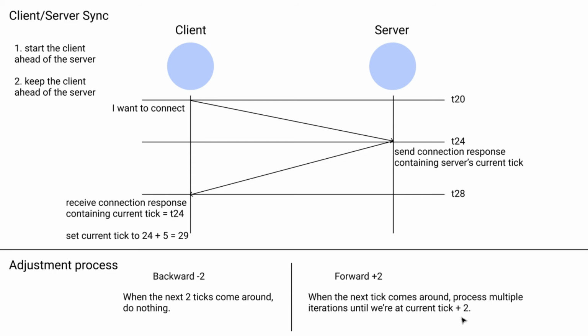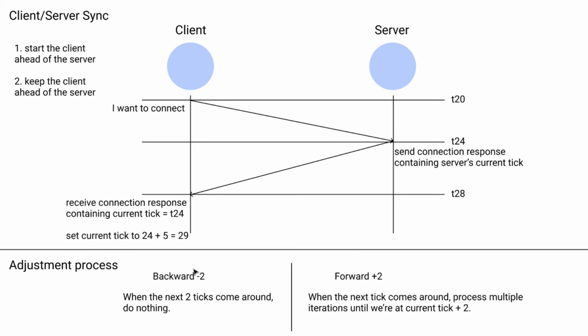All right? If we're doing the opposite, if we're on tick 24 and we receive a message for tick 28, maybe we want to tell the client to go backwards 2 ticks. Well, the client can't go backwards in time because it would have to reverse its simulation. And like we said in the input replay process, reversing is complicated and not really worth it. Instead, we just pause the simulation for however long we want to pause it.